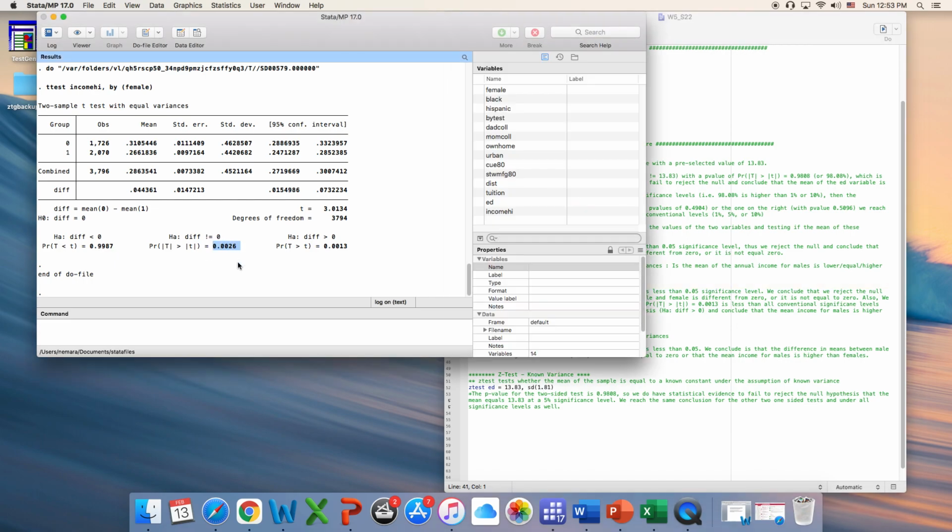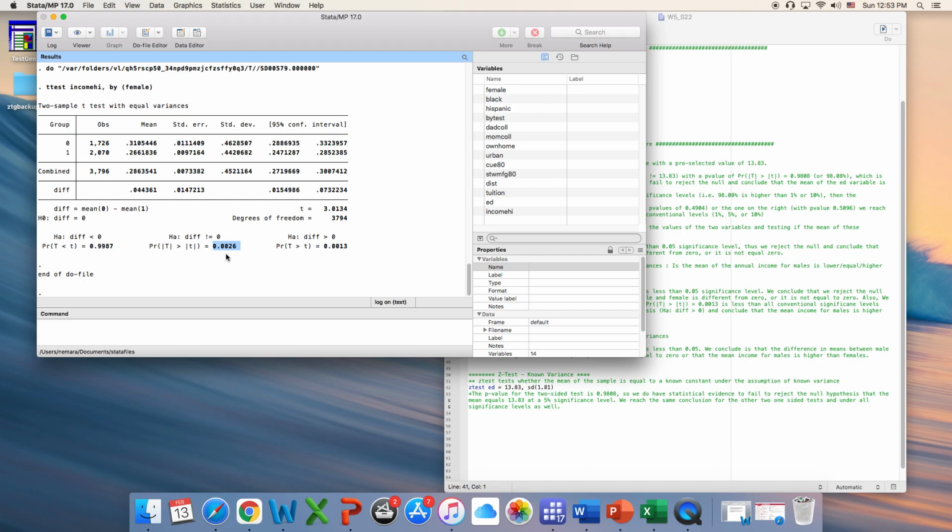So in order to read the output, you would look at the probability. This one is very small. And when I say small, I compare it with the 5% or the 1% or the 10% significance levels. If you multiply this by 100, it's going to be like 0.26%, which is less than all the numbers I mentioned, right? It's less than 1%, less than 5%, less than 10%.